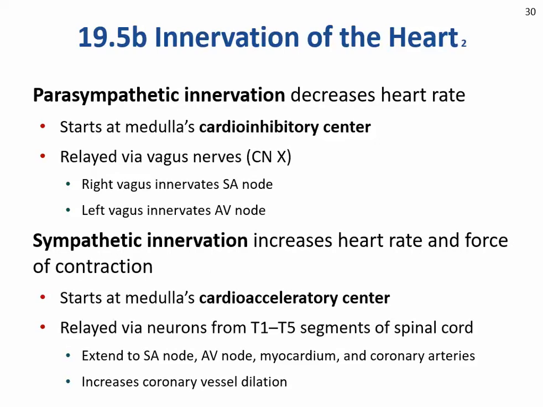The parasympathetic is the vagus nerve, cranial nerve 10, and we often say that the heart is under vagal tone. Most people's heart runs under the parasympathetic and is lower than the 75 beats a minute. Sympathetics increase it and increase how hard it beats.